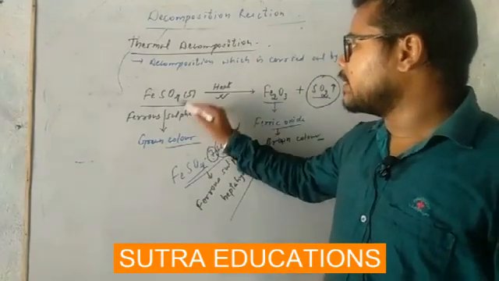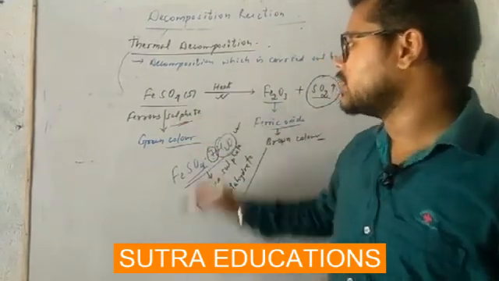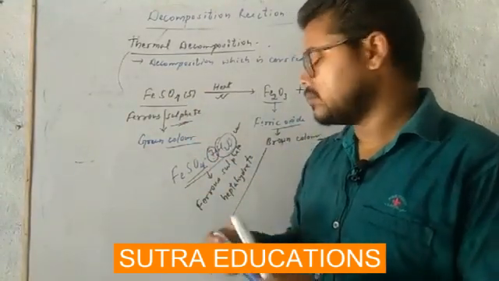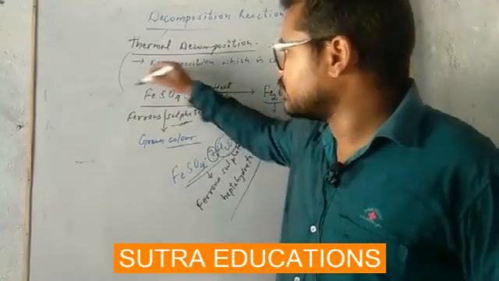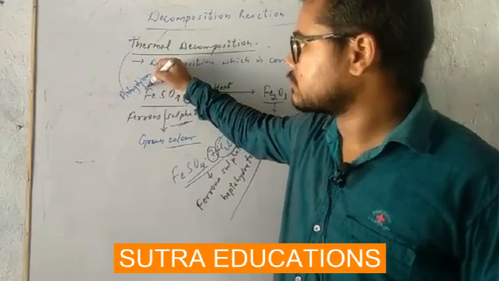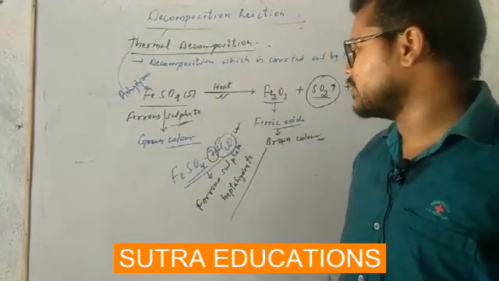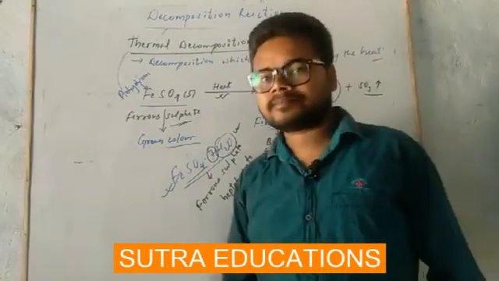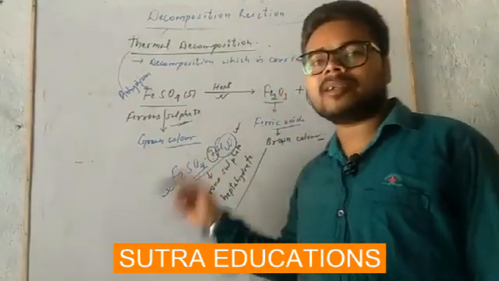So actually ferrous sulfate heptahydrate exists, and you can simply get it in your laboratory.